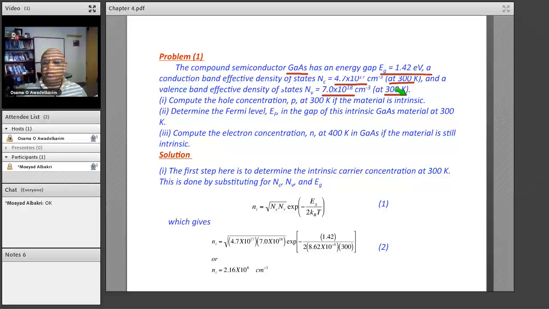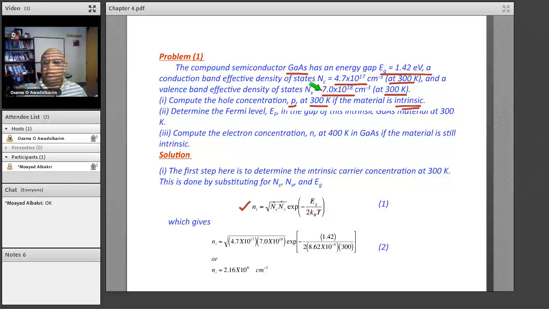Now the first question is, compute the hole concentration P at 300 Kelvin if the material is intrinsic. So let's do this. This is the expression we just got for the free carrier concentration in an intrinsic semiconductor. It's the square root of Nc times Nv times exponential of the band gap over 2 kB times T. Let's substitute.